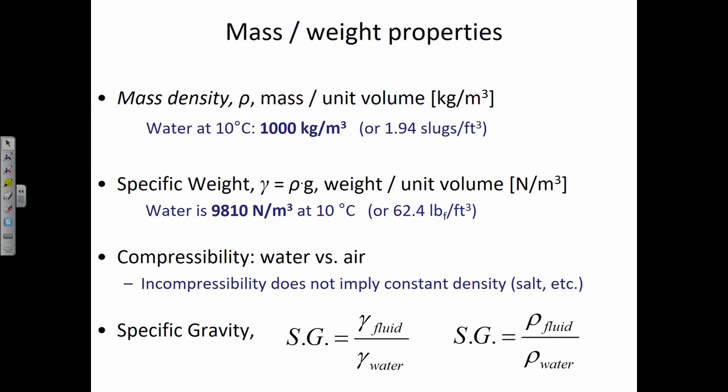And so with specific gravity, we're just trying to compare things to water as our baseline. And it doesn't matter if you have the ratio being a ratio of specific weights or a ratio of densities. So we always think about how oil floats on top of water, right? The fact that it floats on top of water helps us to know that it's less dense than water. And so oils would have a specific gravity of less than 1 because the density of an oil would be less than the density of water.